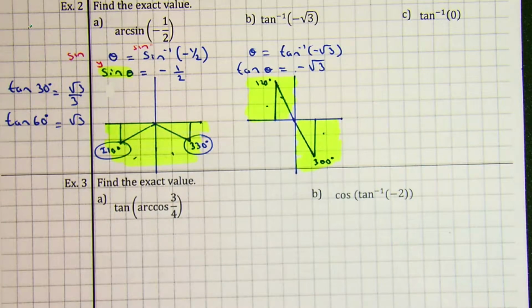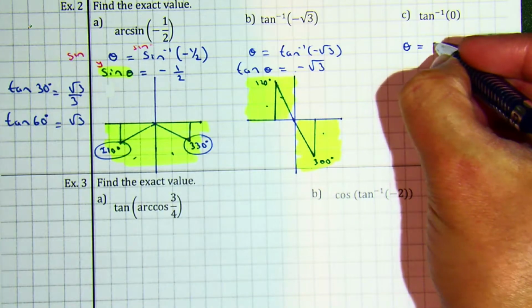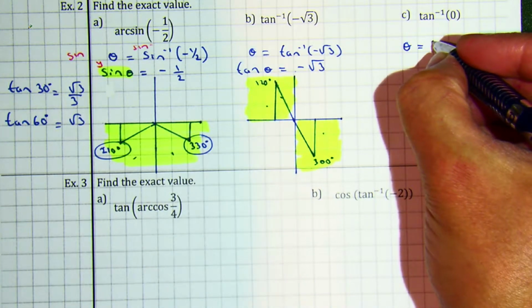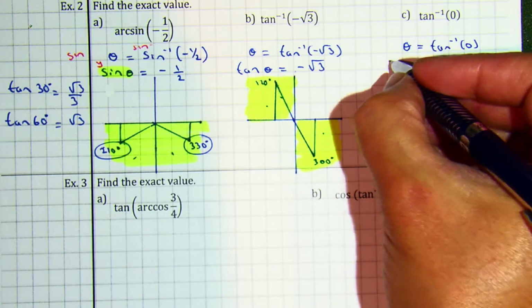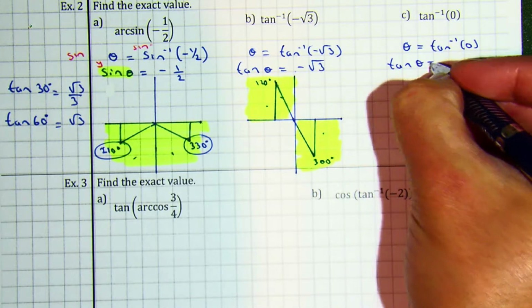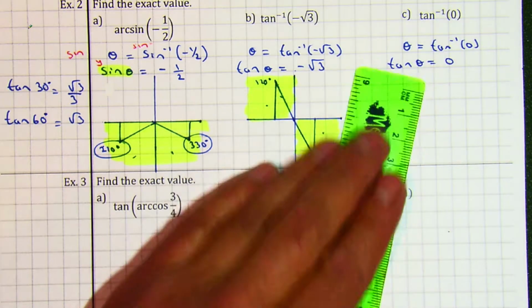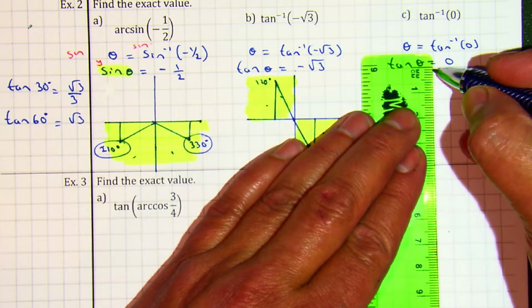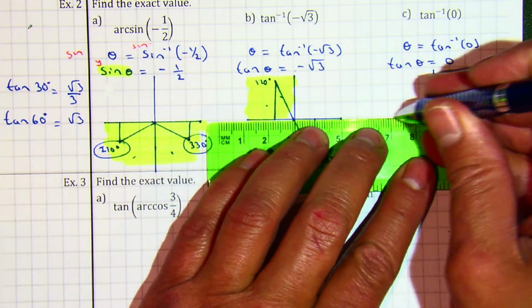Tangent. So I can take the time to rewrite it. Theta is equal to tangent inverse of 0. Take the tangent on both sides, so therefore the tangent of theta is equal to 0. Did you memorize those values? The tangent has to be 0.